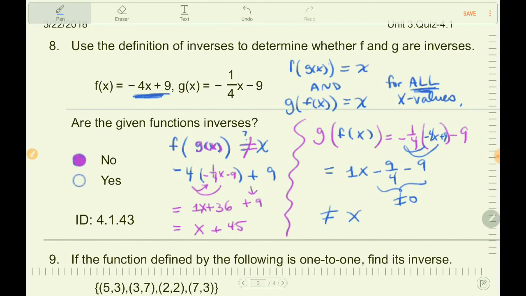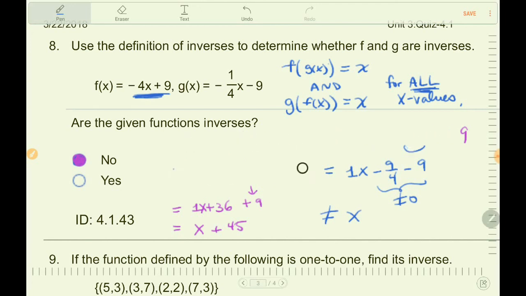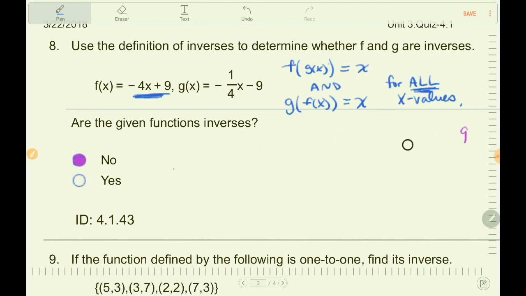Now, let's look at an example where they are inversely related so that you can see that as well.